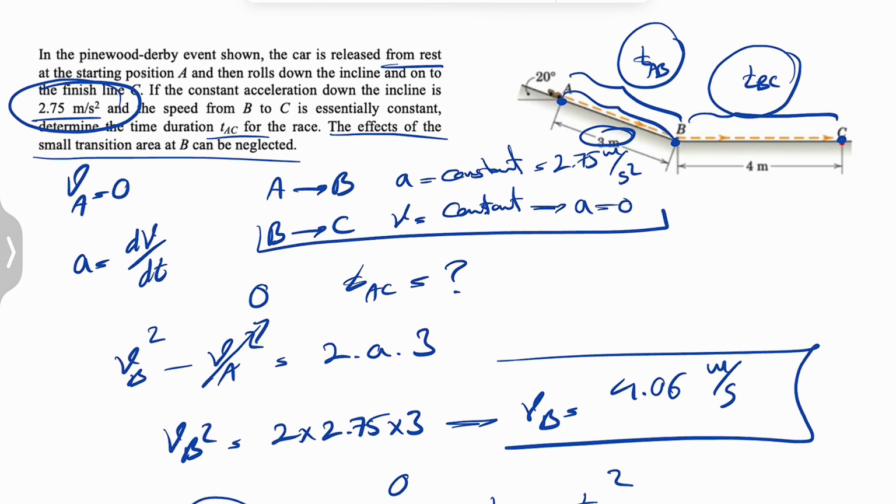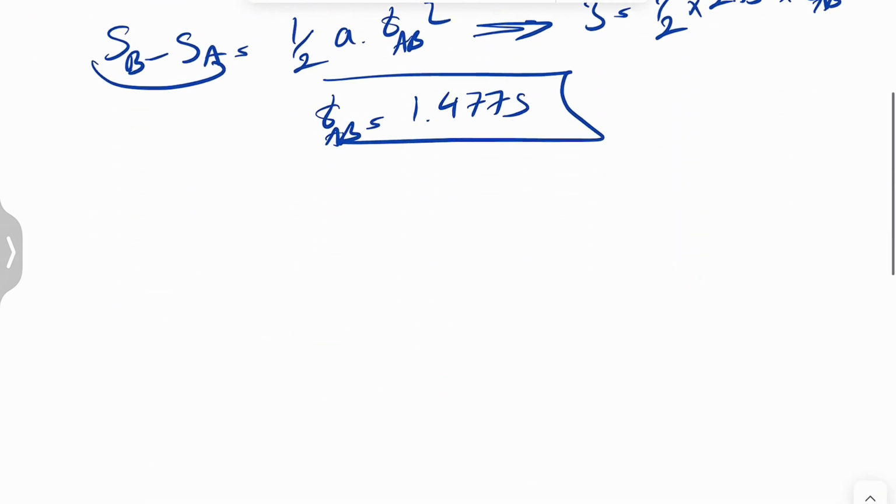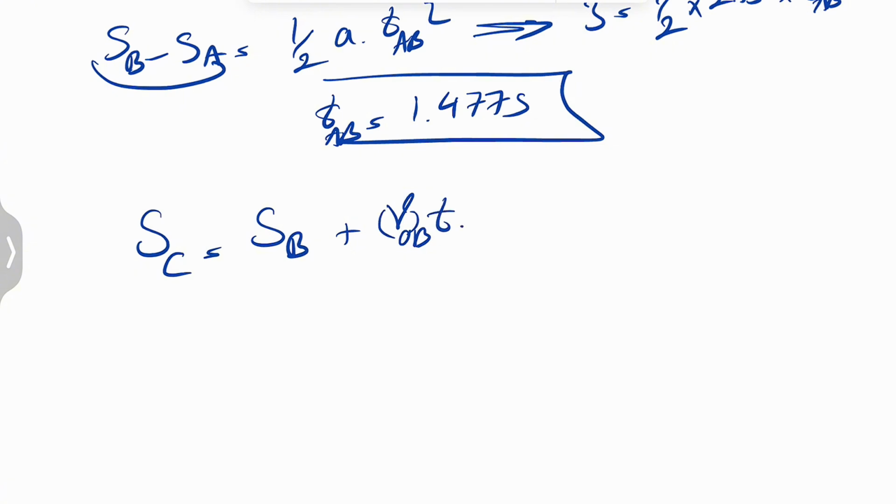So now we figured out TAB, and we also figured out the velocity at B. Because from B to C our velocity is constant, which is the value that we found, VB, we can find the time in that part too. This time we're going to go with SC equals SB plus the initial velocity times TBC, plus 1/2 of a TBC squared. Because there is no acceleration, this last term will be 0.